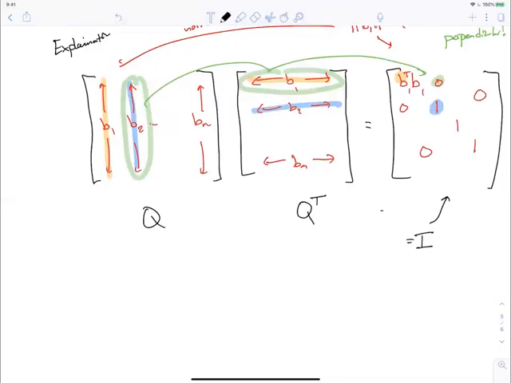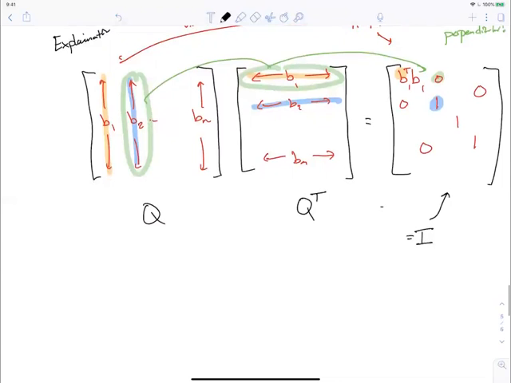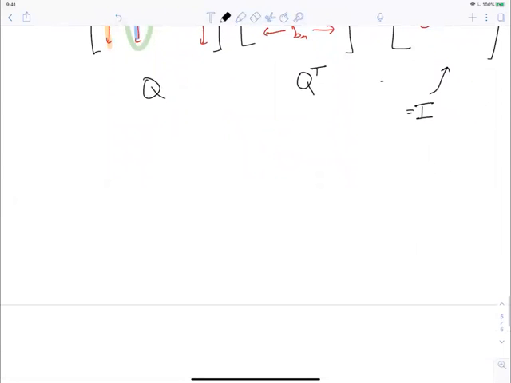And the last important fact, which is actually pretty important, is about partial orthogonal matrices. And that is that if you take, say, this, we're going to call this Q, but this is going to be partial.